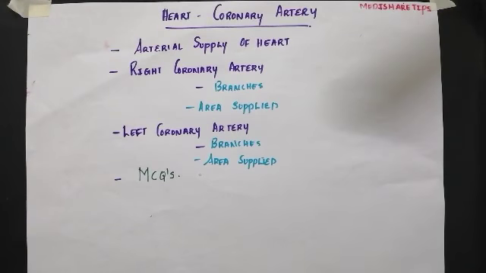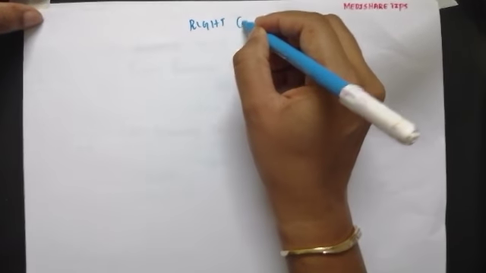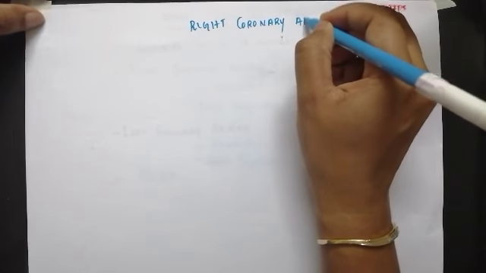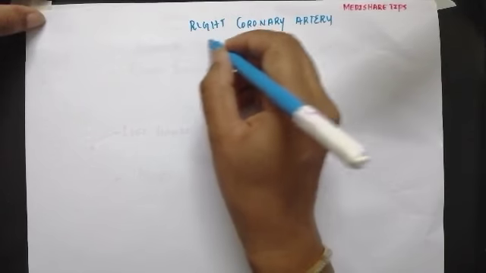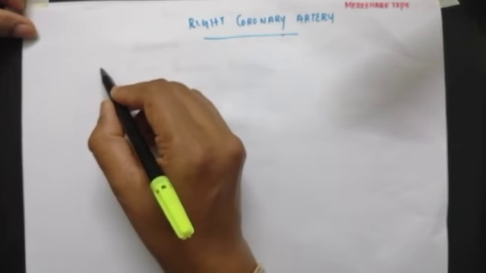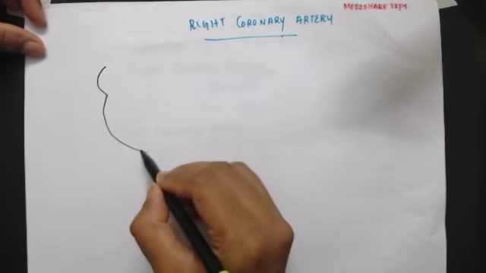So first of all, we will discuss the arterial supply of the heart. We will go into the right coronary artery. So, I'll draw the diagram first. This is the right atrium, right ventricle.